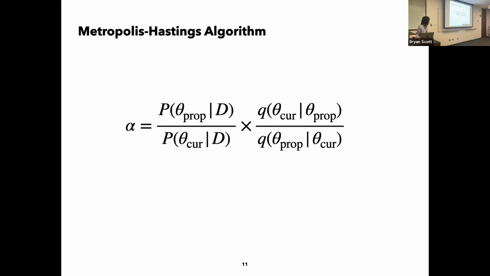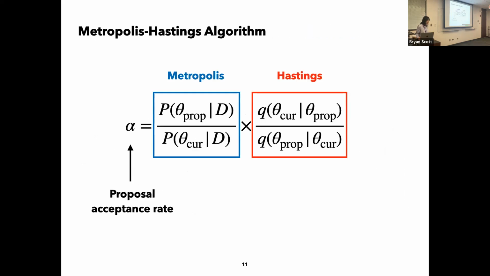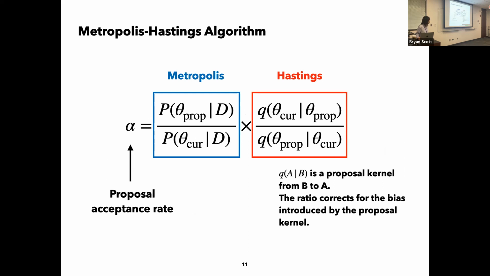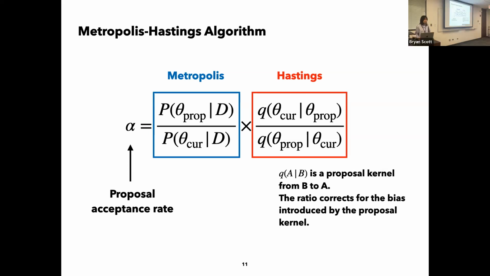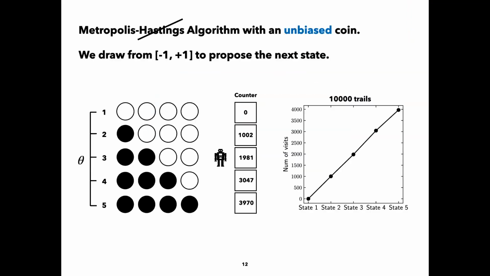If you look back at this Hastings again, now our proposal from state 3 to state 4 is not equal to state 4 to state 3. State 3 to state 4 is a factor of 2 higher than moving from state 4 to state 3.